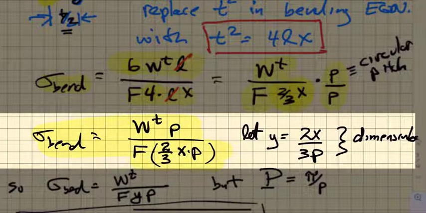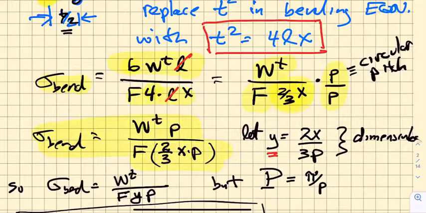I'm going to create a new term, which I will call y, which is going to be equal to, I'm going to group the 2x and the circular pitch in the numerator, and so I put the 3 up there in the denominator as well. And so I find that my y is equal to 2x over 3p.